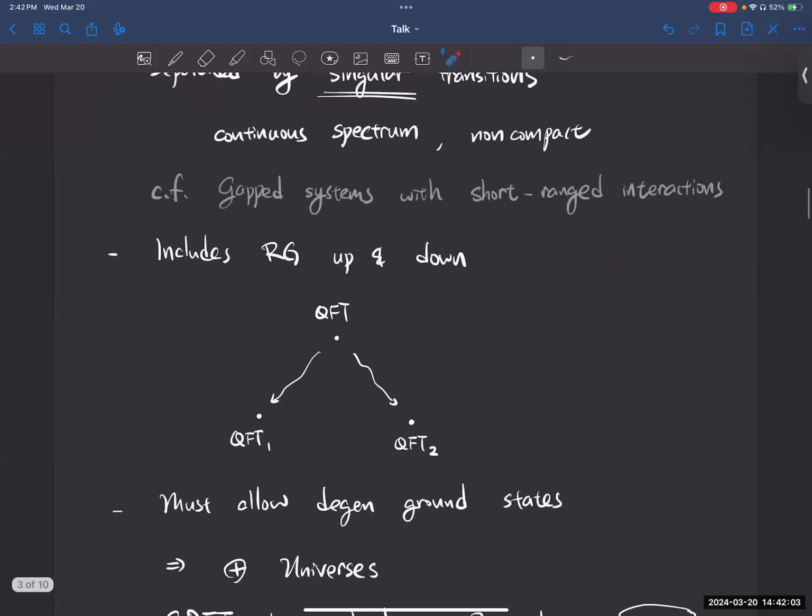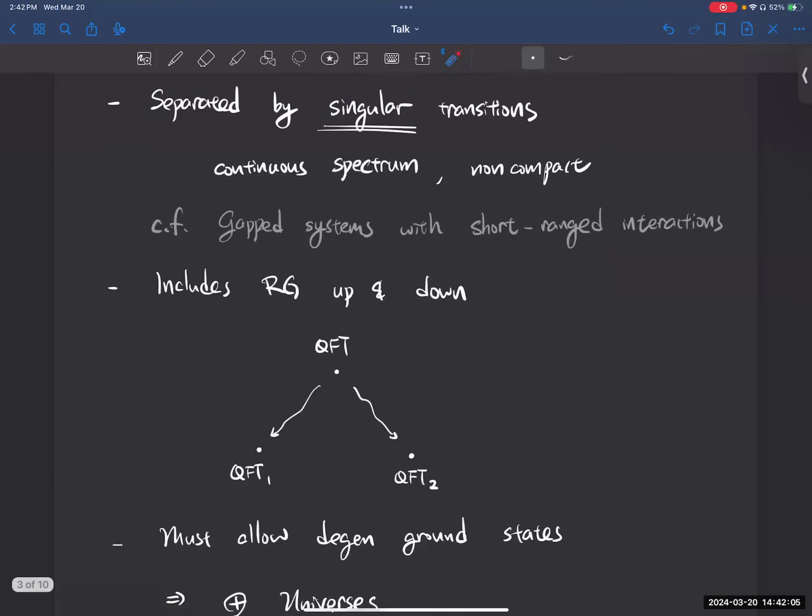In particular, the deformations we do want to include in our discussion are RG flows. And often it's called RG flow up and down. RG flowing up, turning on an irrelevant operator, is a very subtle business, so we don't really have to do that.